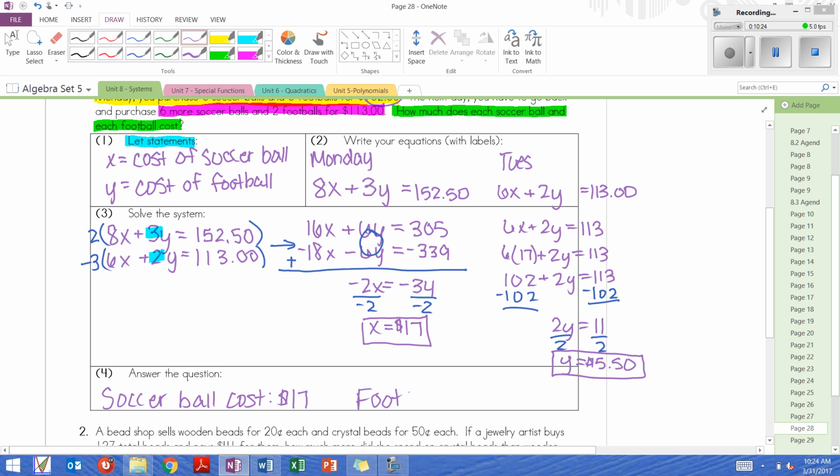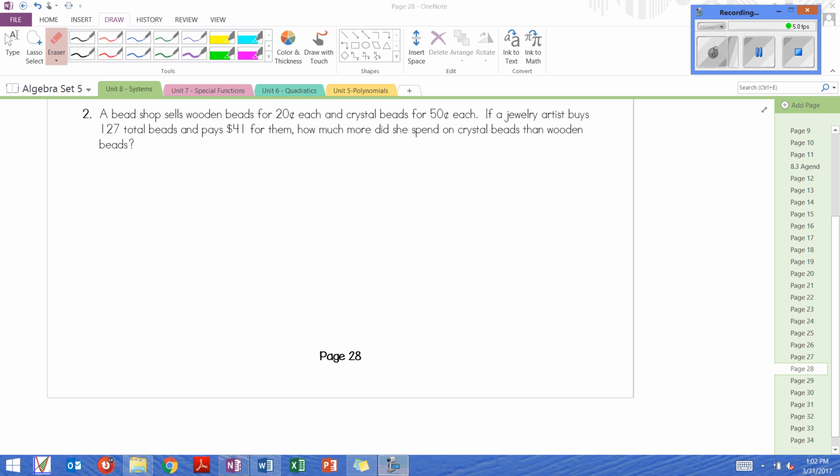And then the football cost is $5.50. And we've answered the question. We could go on a little bit further and check our work by typing this into the calculator and either graphing the lines, finding their point of intersection, or we could use the algebra feature on the calculate page.